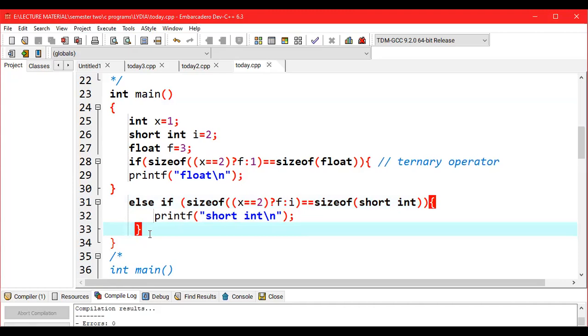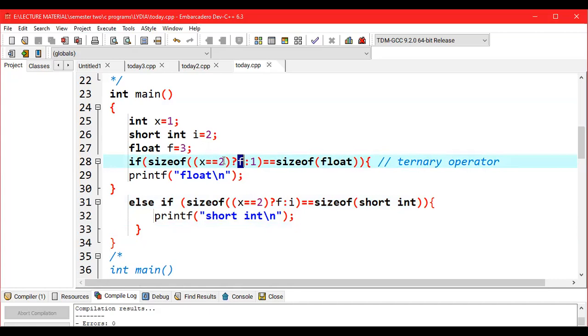So we're going to now see what they are answering. Because we are saying that if x is equal to 2, then it's a float. It is like f is 3, and it becomes a float, right? But if the size of x is equal to 2, they have to tell that it is f, 2 times f.